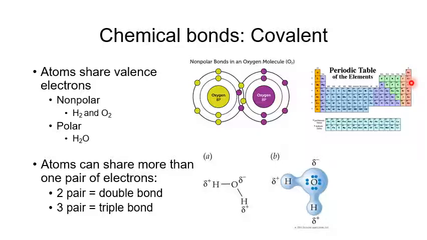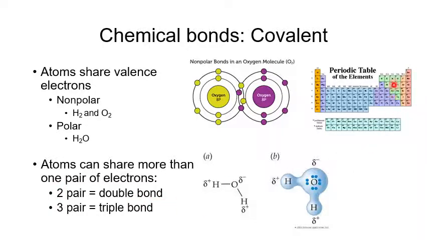Okay, so this is what's taking place in bonds. In covalent bonds, it is sharing of the electrons. In this case, this is sharing of 2 electrons, so this would be considered a double bond.